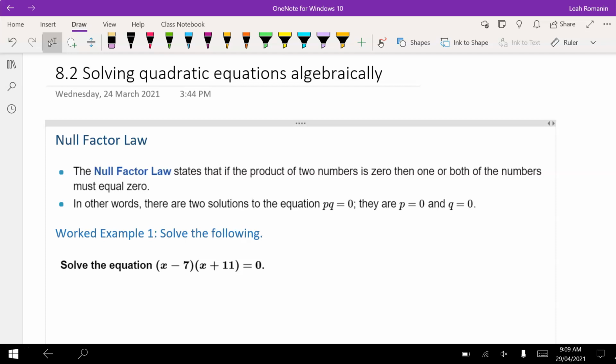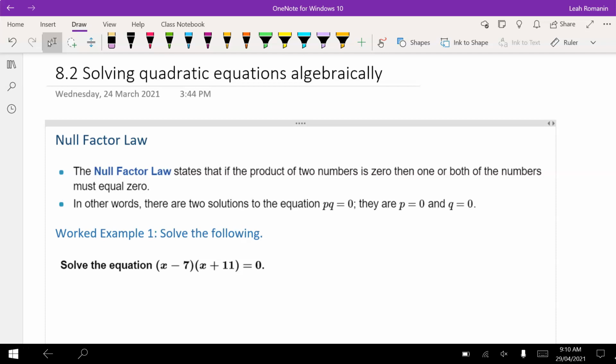So if I have two brackets that look like this in our first example, one of those brackets must equal 0. Say this first bracket equals 5, this second one must be 0 for the whole equation to equal 0, because I would have 5 times 0.